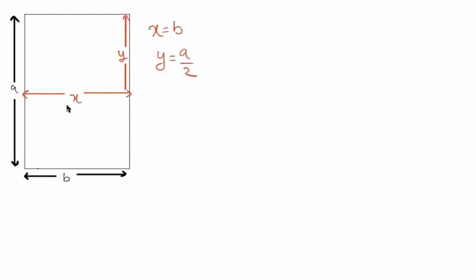So now what we want here is to write an equation. So here is the equation which I'm going to write. I'm going to say the ratio of A by B has to be equal to the ratio of X by Y, as the ratio remains constant.